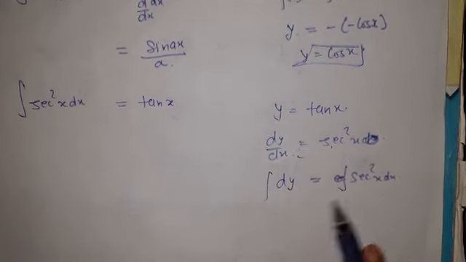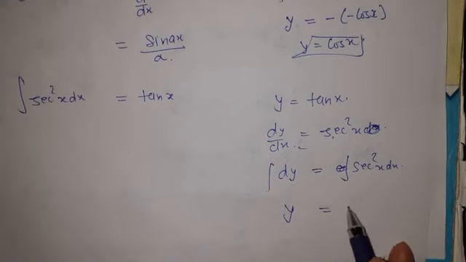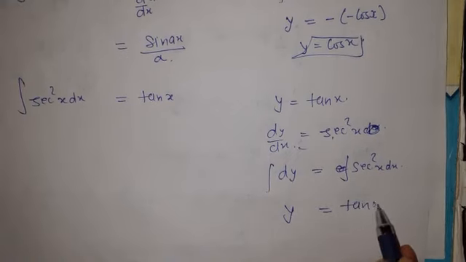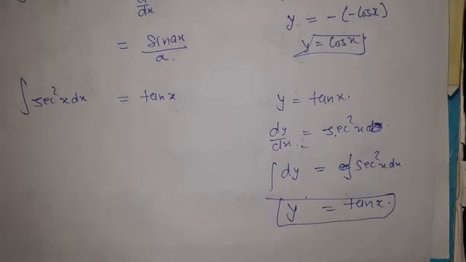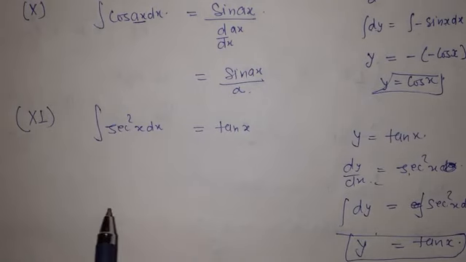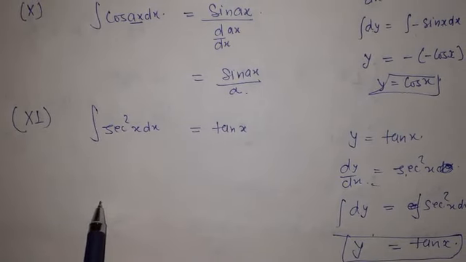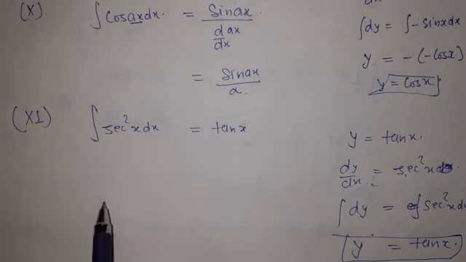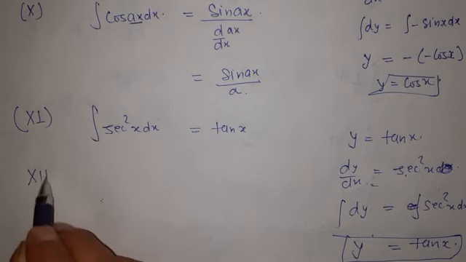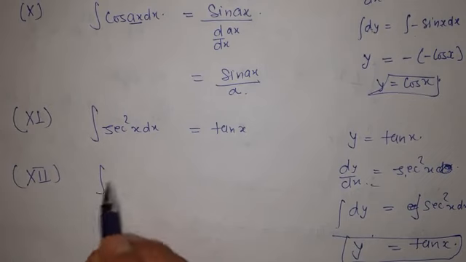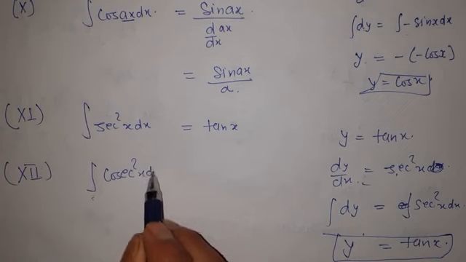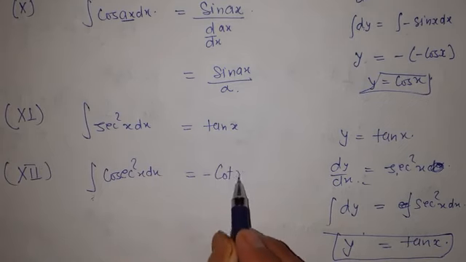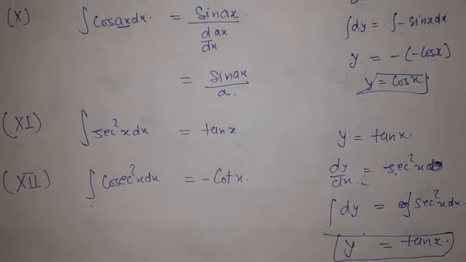Integrate both sides: it is y on one side, and on the other side secant square x dx gives tan x. This integration is the reciprocal of that differentiation. And the last one, the 12th: what will be the integration of cosecant square x dx? It is minus cot x.